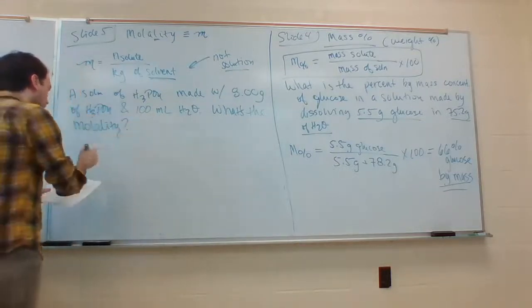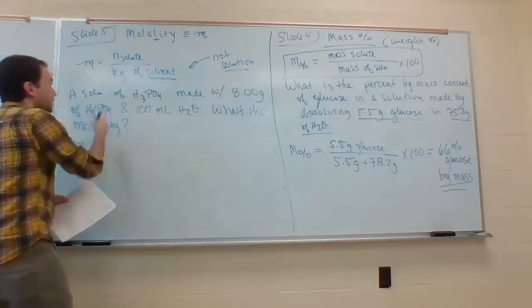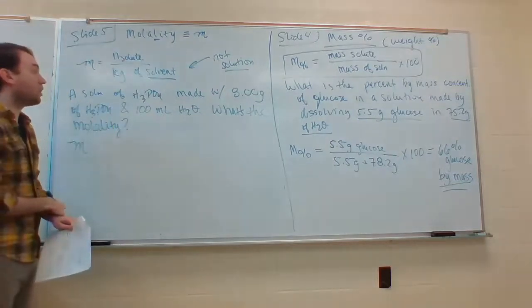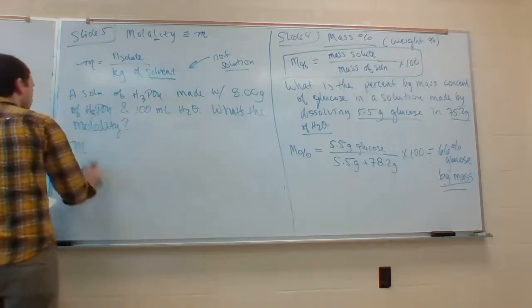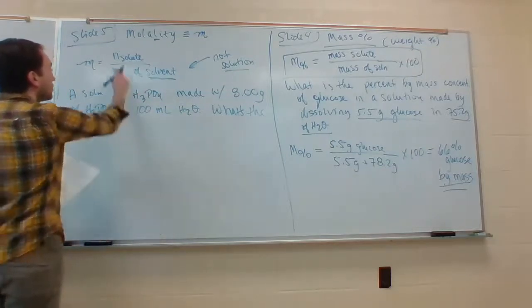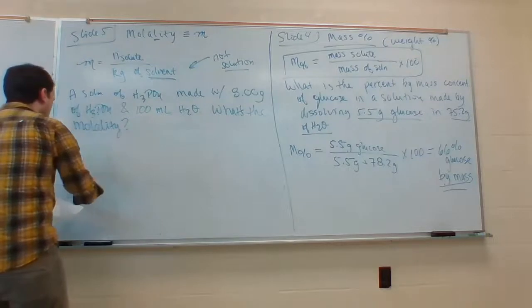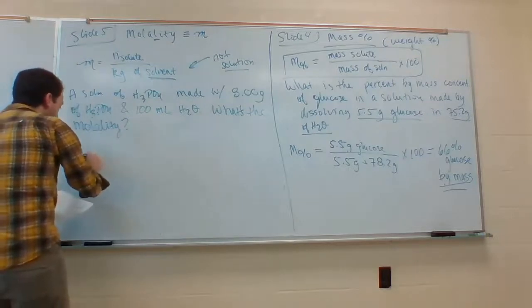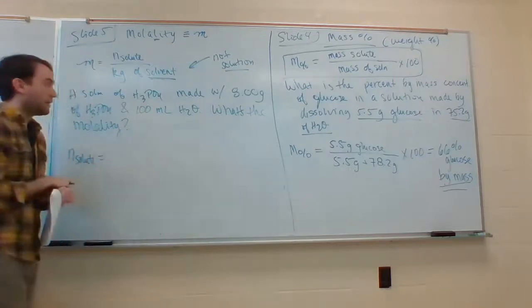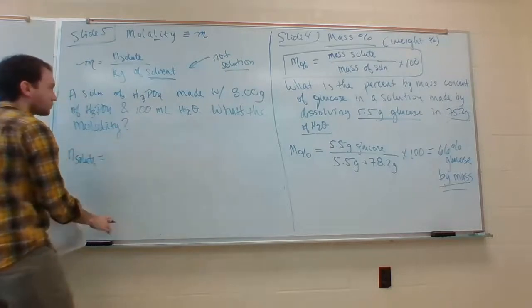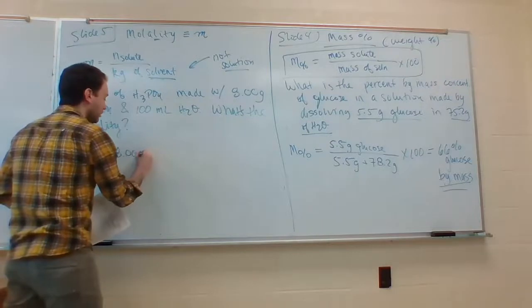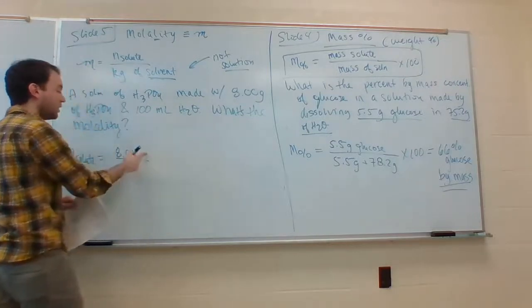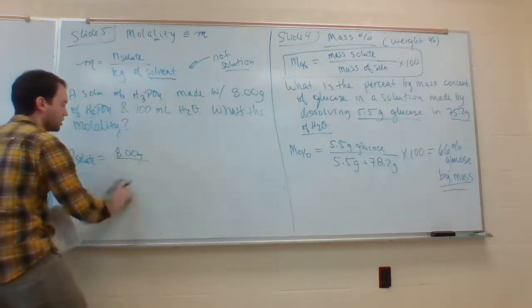Well, our molality, as we said, was defined as the moles of solute divided by the kilograms of solvent. So let's first get our moles of solute. The moles of solute is going to be equal to 8.00 grams, because we're going to convert the grams into moles.